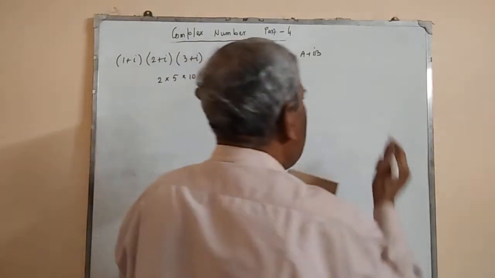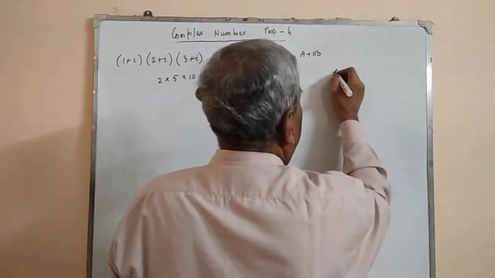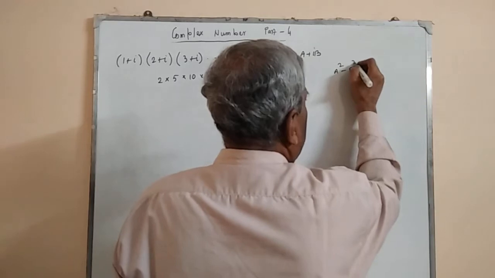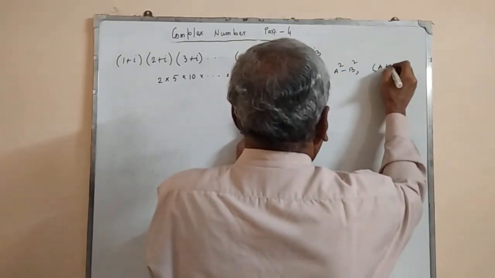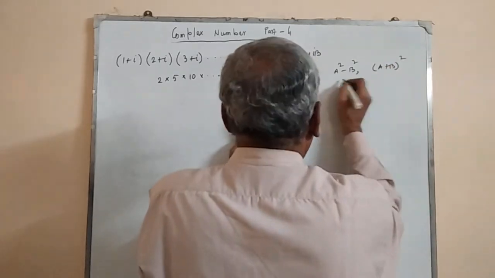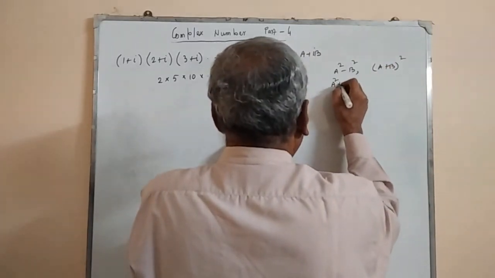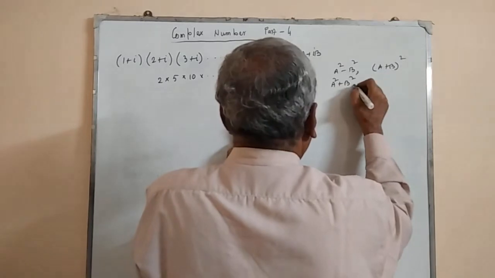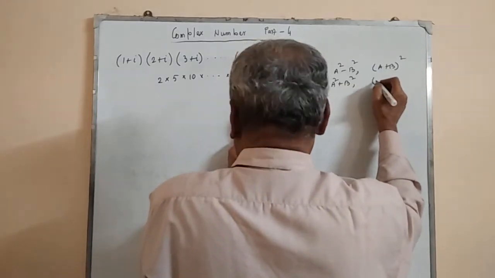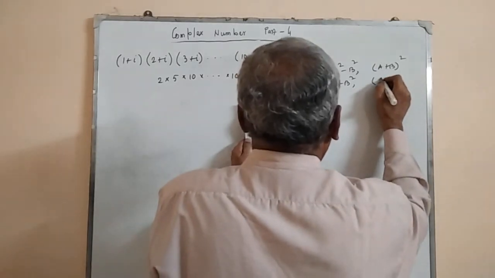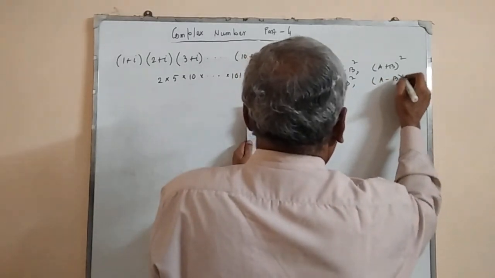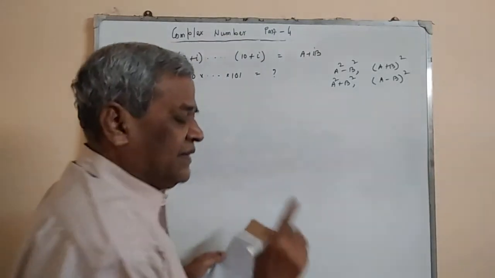Option A square minus B square, (A plus B) whole square, A square plus B square, and last of all (A minus B) whole square. These are the options.